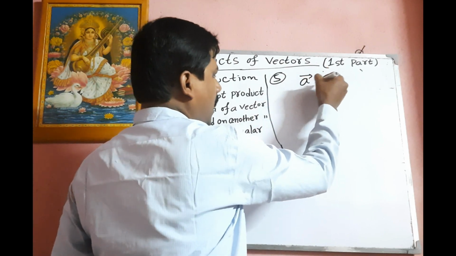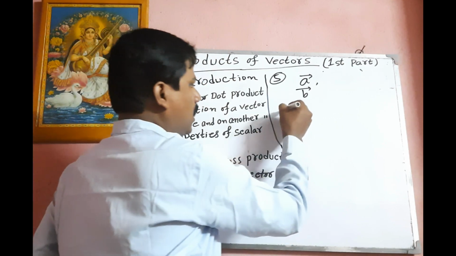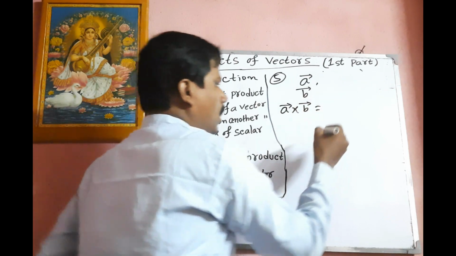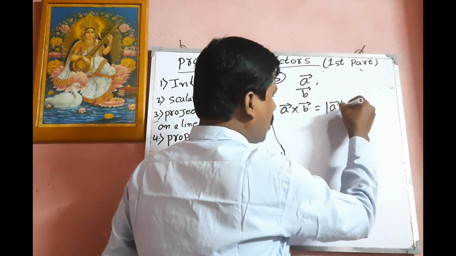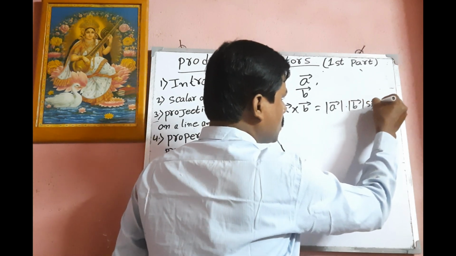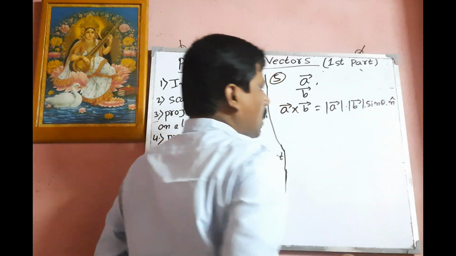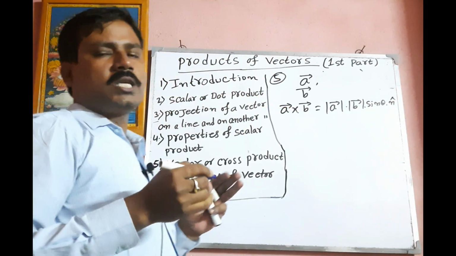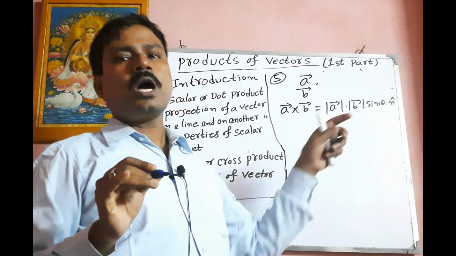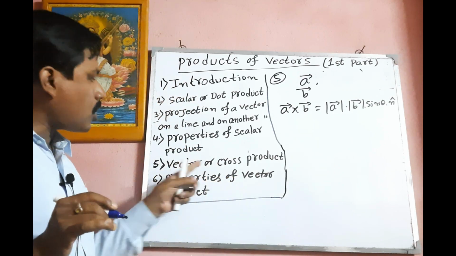Suppose A and B are two vectors, then A cross B is equal to mod of A vector multiplied by mod of B vector multiplied by sine theta and multiplied by n cap, where n cap is a unit vector along A cross B, and this is the vector product.